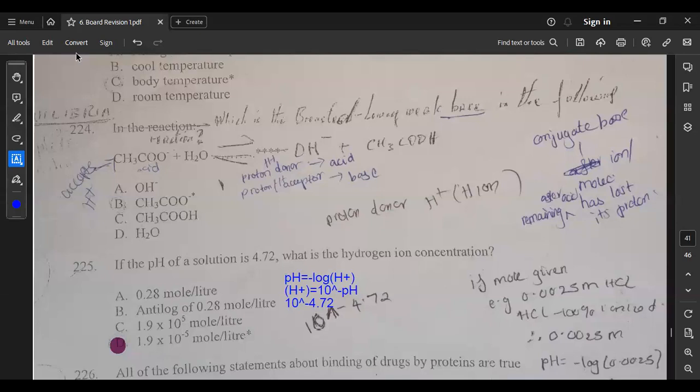Okay. The summary of the Arrhenius, Lewis, and Bronsted definitions has been sent to the group, so you can look at it.